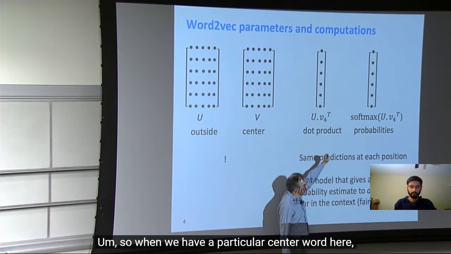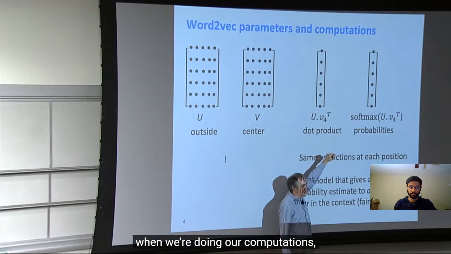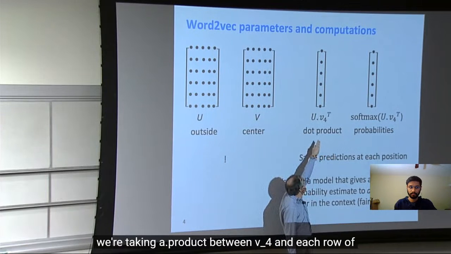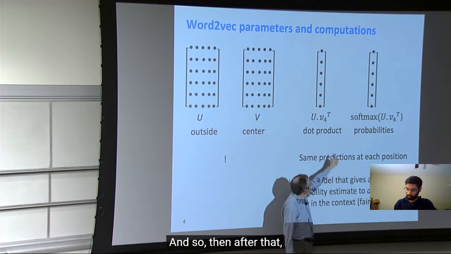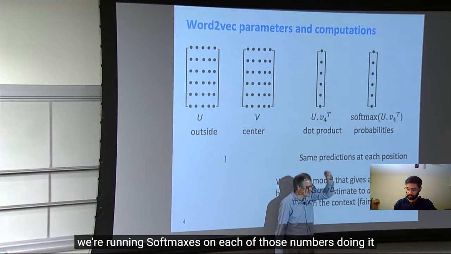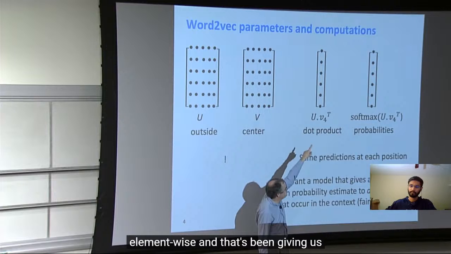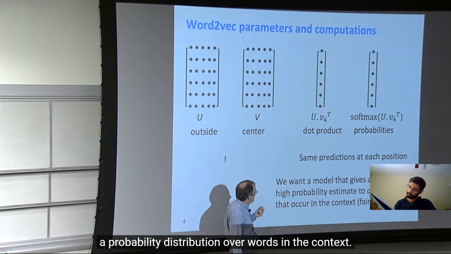So when we have a particular center word here, word 4, when we're doing our computations, we're taking a dot product between v4 and each row of u, and that's then giving us a vector of dot product scores. And so then after that, we're running softmaxes on each of those numbers, doing it element-wise, and that's then giving us a probability distribution over words in the context.